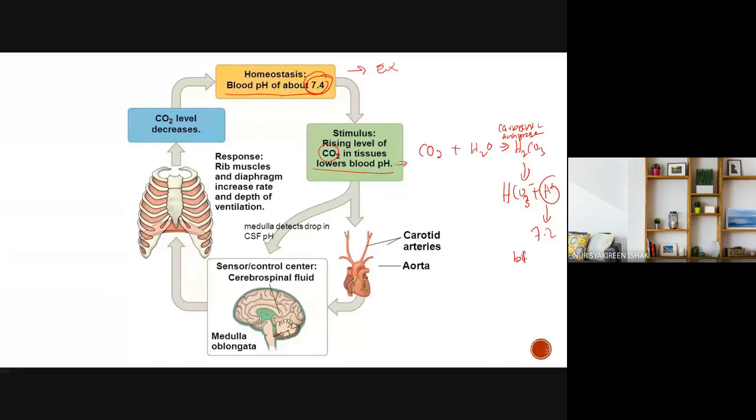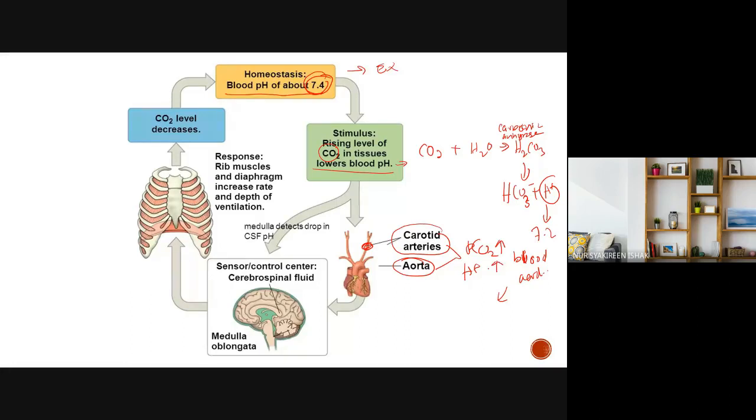Blood becomes acidic. So this will be detected by the chemoreceptors, central chemoreceptor and also peripheral chemoreceptors. Look at the carotid arteries: there are carotid bodies, and at the aorta there are aortic bodies. So these will detect the partial pressure of carbon dioxide and also hydrogen ion, an increase of both.